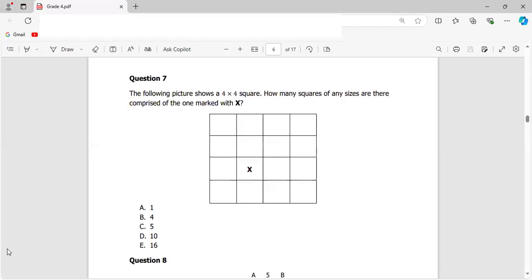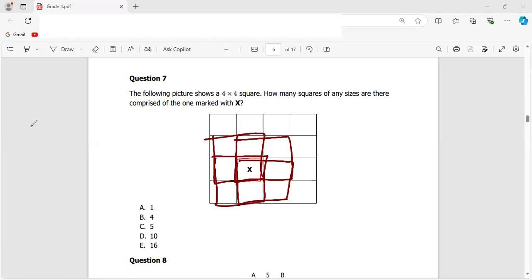The following picture shows a 4 by 4 square. How many squares of any size are there comprised of one marked X? So how many squares can we make with X? So this is 1. Then this is 2. Then you can do this 3. Then you can do this 4.